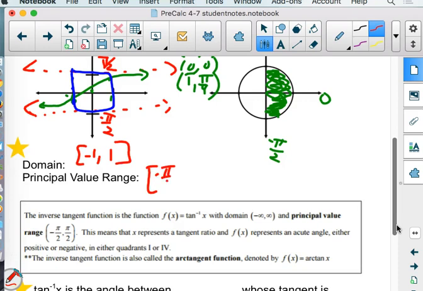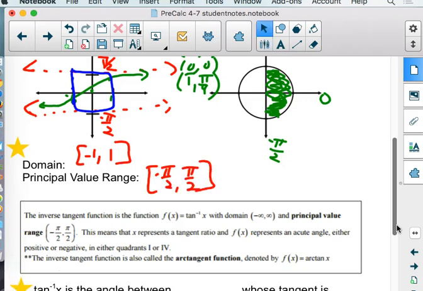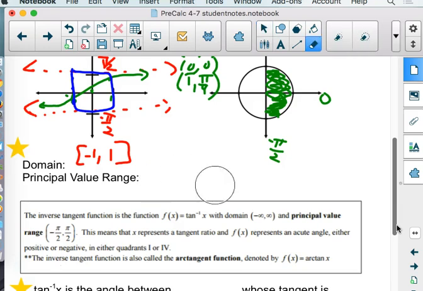But negative pi over 2, pi over 2 for that principal value. But now, are we ever going to get to negative pi over 2 and positive pi over 2? Oh man, we have to make a change. We can't have the square brackets.